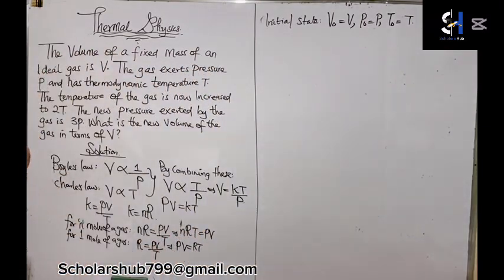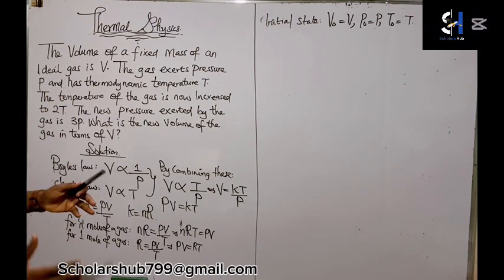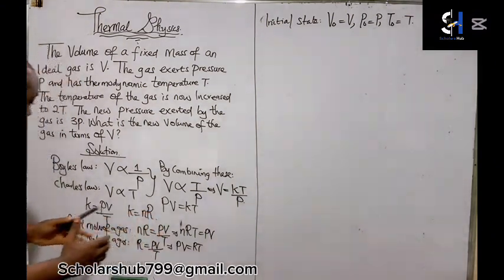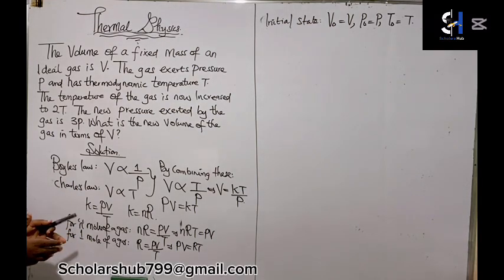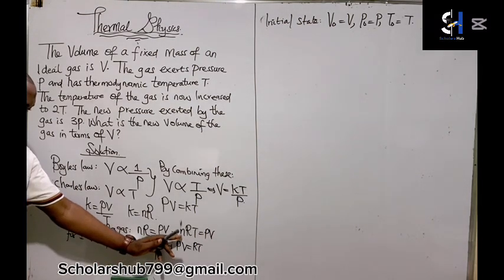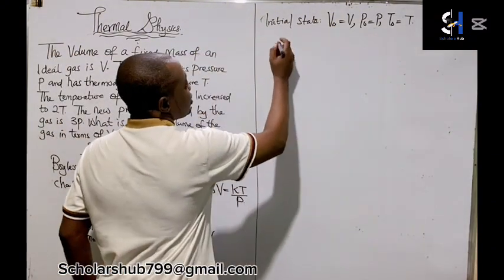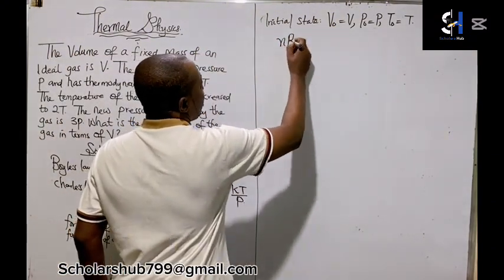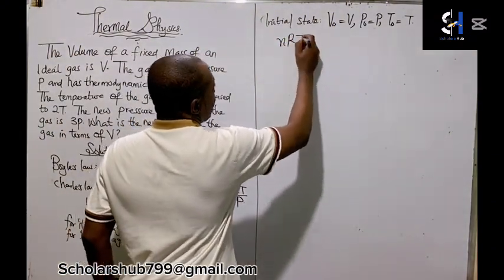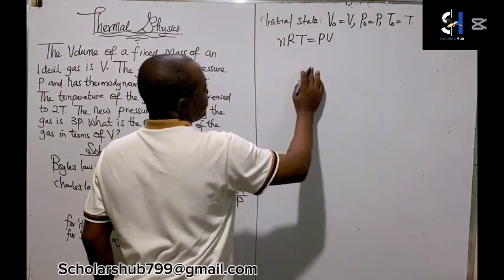Because the gas is an ideal gas, we write the equation for an ideal gas, which is nRT equals PV. So in the initial state, we have nRT equals PV.